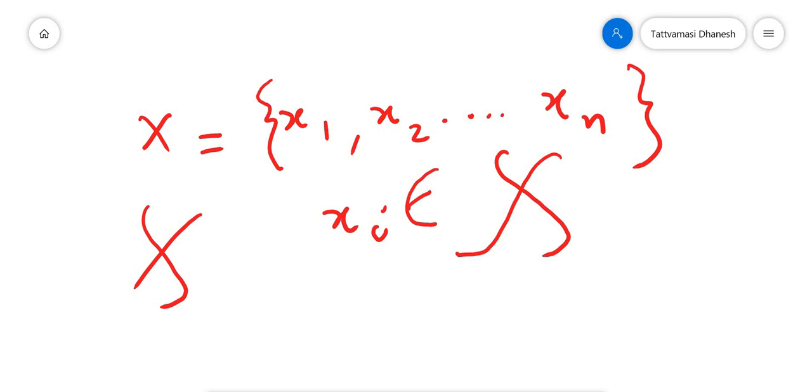And one more thing, I need to tell you what is marginal probability. You may be familiar with marginal probability, conditional probability and joint probability. These are the three types of probabilities. They are interrelated.